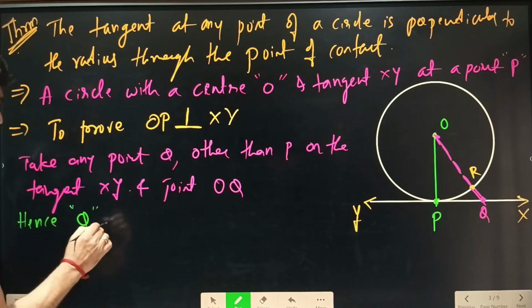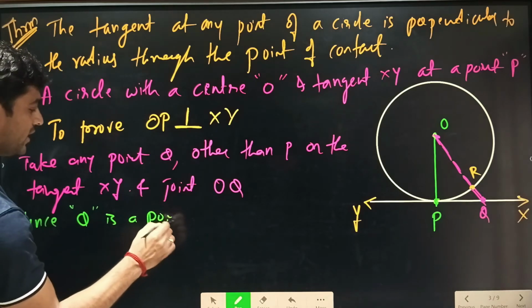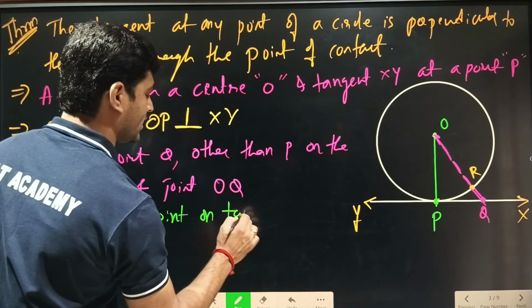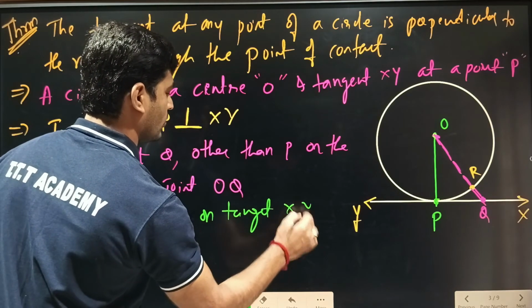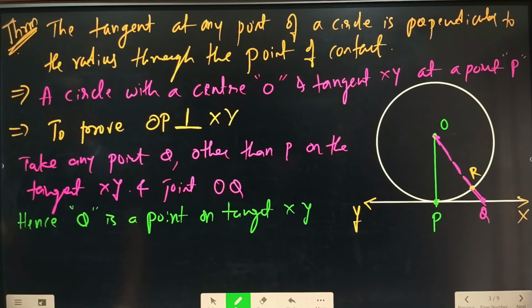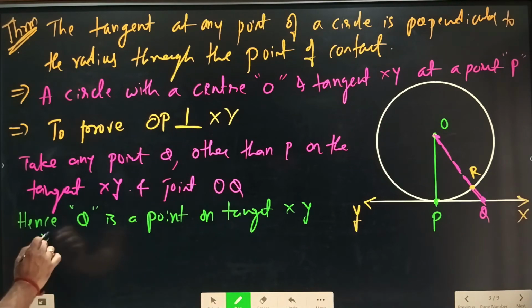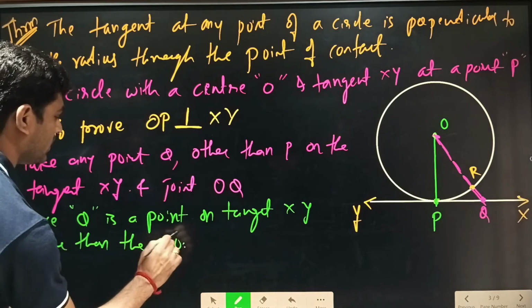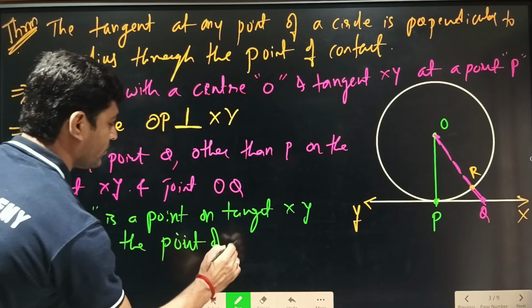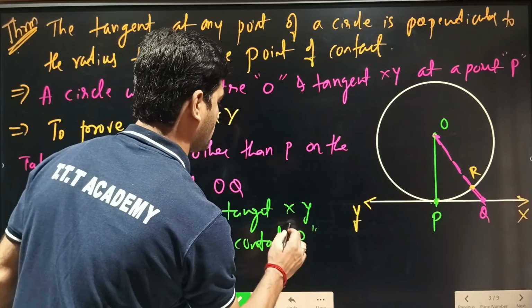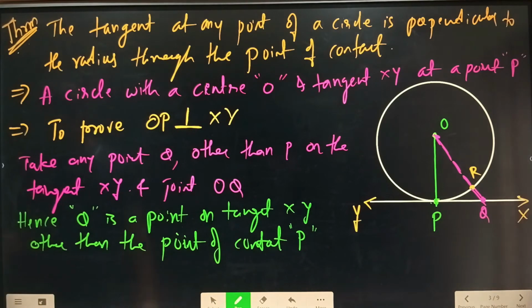Hence Q is a point on tangent XY other than the point of contact P. Other than the point of contact P, Q lies outside the circle.